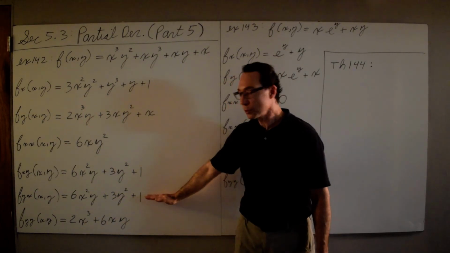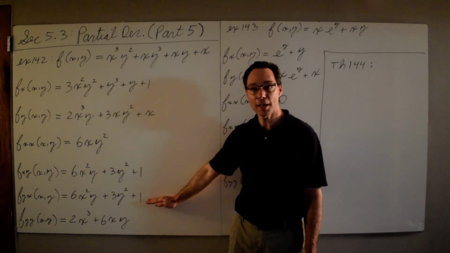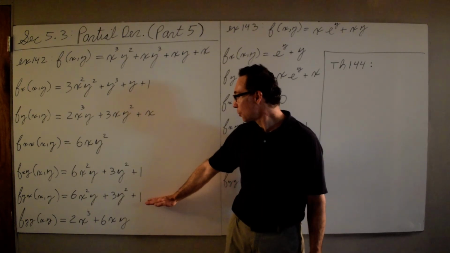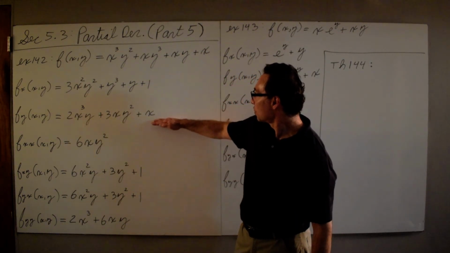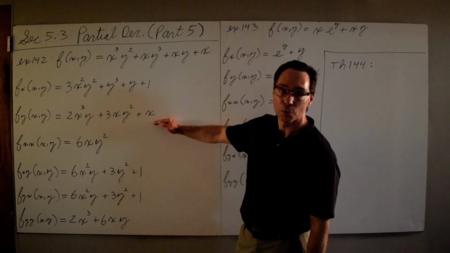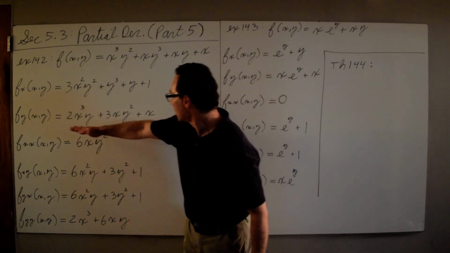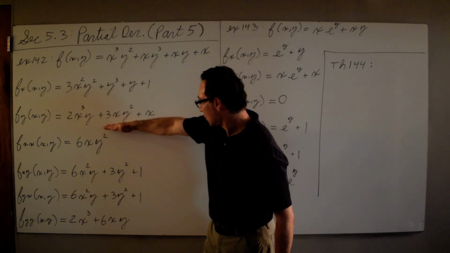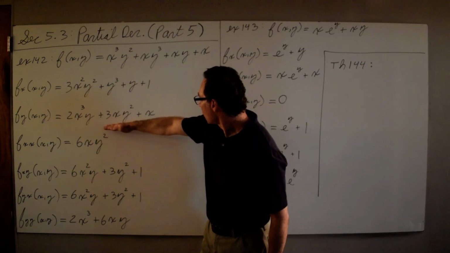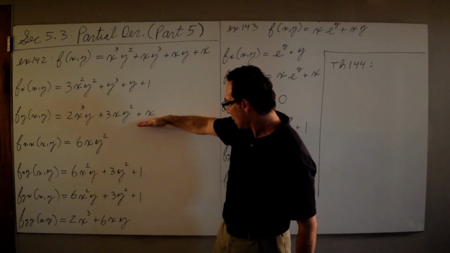Then we take the partial derivative with respect to x of the partial derivative with respect to y. So we start with the partial derivative with respect to y and calculate the partial derivative with respect to x. So we have 6x squared y plus 3y squared plus 1.